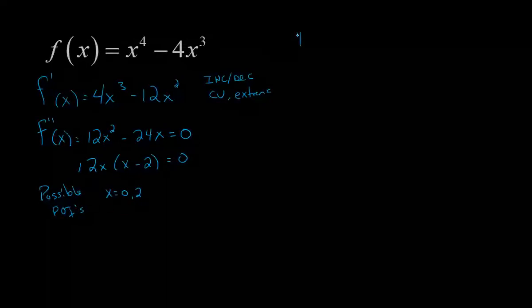Now, a POI is called a point of inflection. And what that tells us is where a graph changes from concave down to concave up, or vice versa. Right here, we would have a POI because it changed from being concave down to concave up.